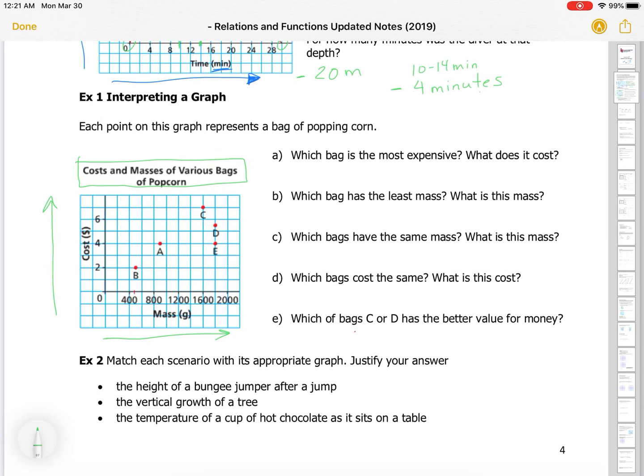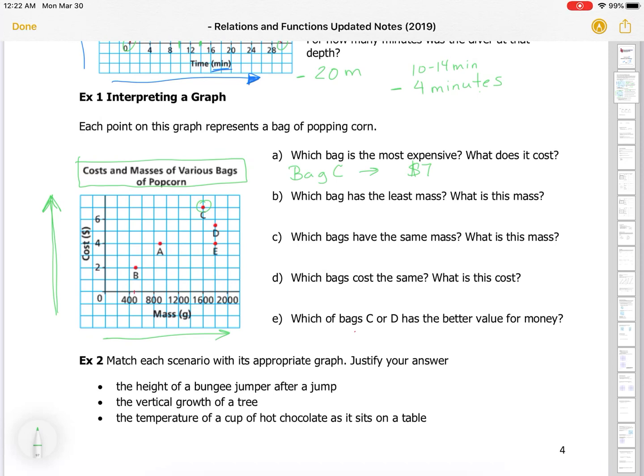If you were to sketch a graph, you would have to include that information. It wants to know which bag is the most expensive and what it costs. We look at the cost axis for the highest one. That's bag C, and according to the graph, it is $7.